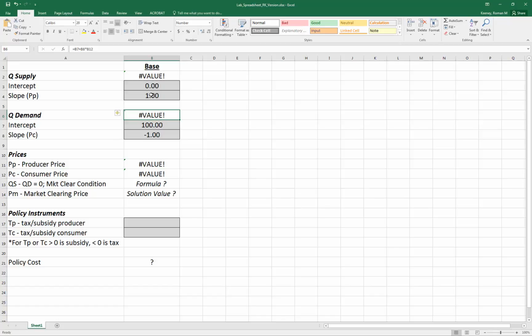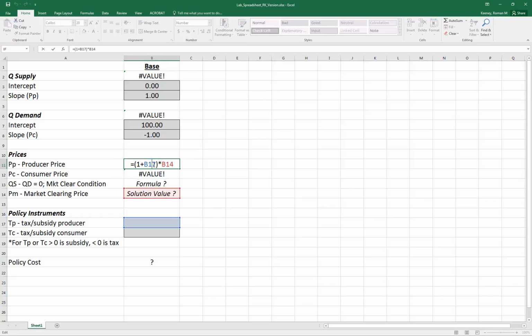Okay, so we put in these two functions, but it didn't fill in the supply equation here or the demand equation here that I had, and that's because they still need to know what the price is going to be. Okay, so Excel doesn't know, but these say value exclamation point, which if you know what that means, there's a formula entered in the cell, it just hasn't been resolved yet.